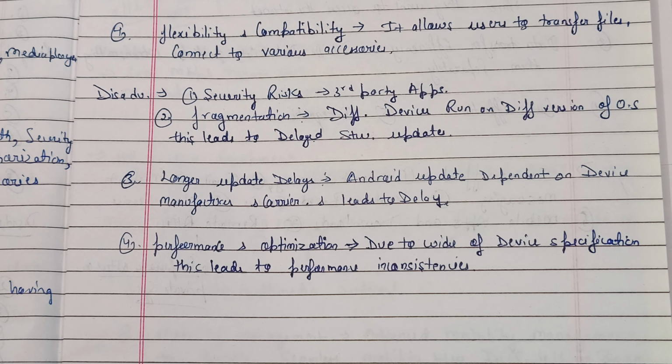Okay, then the fourth point is performance optimization issues due to a wide range of device specifications. This means there are so many specifications in mobiles, such as RAM, storage and SD card. This leads to performance inconsistency. If you have a mobile with 8 GB or 12 GB of RAM, it can work much faster.